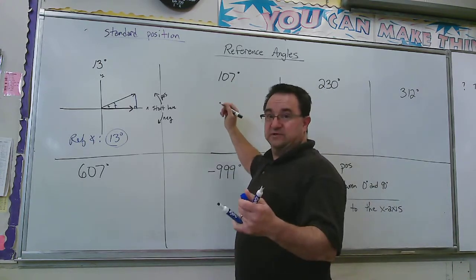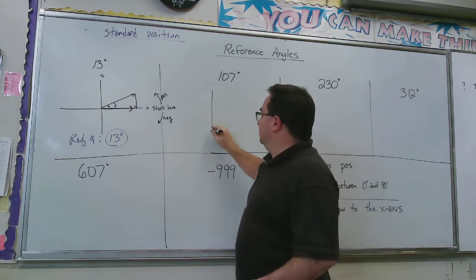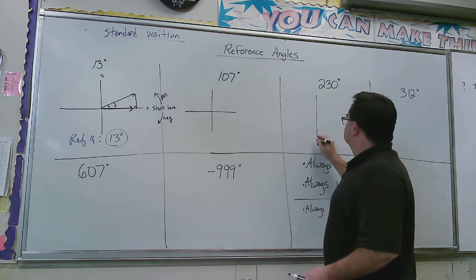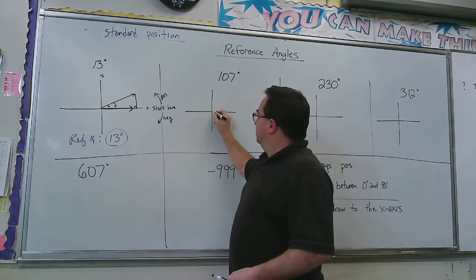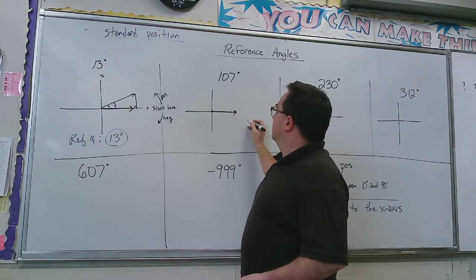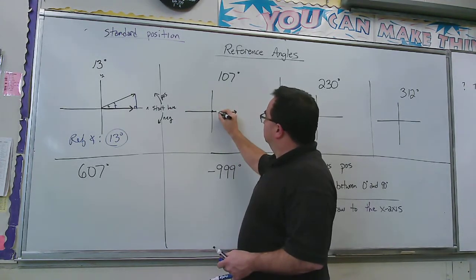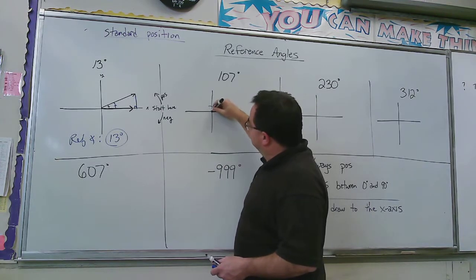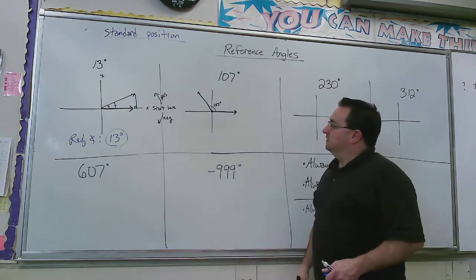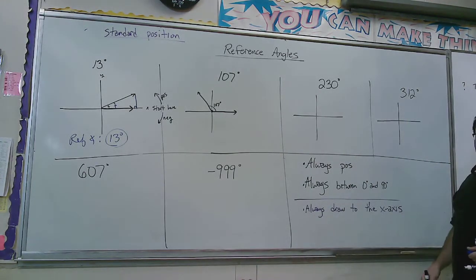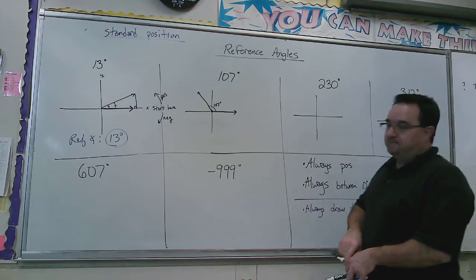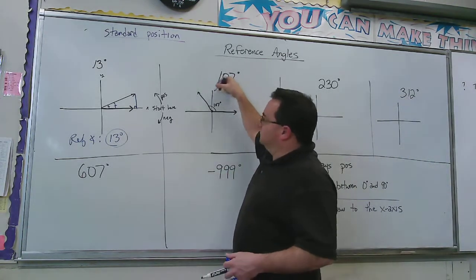Draw it. First thing we want to do every time is draw it. So our first side is here, and then we're going to rotate this way 107 degrees. Now that is an obtuse angle. Reference angles are always between 0 and 90. I never cut over to the y-axis.